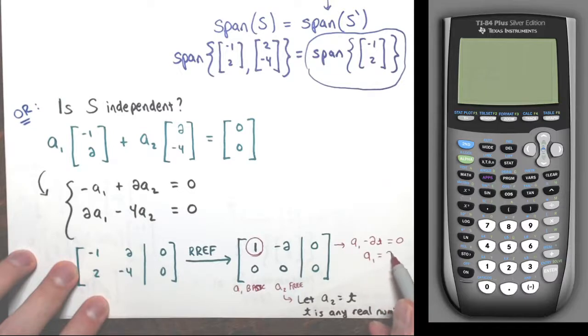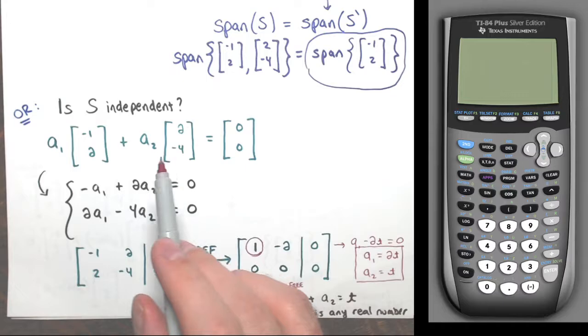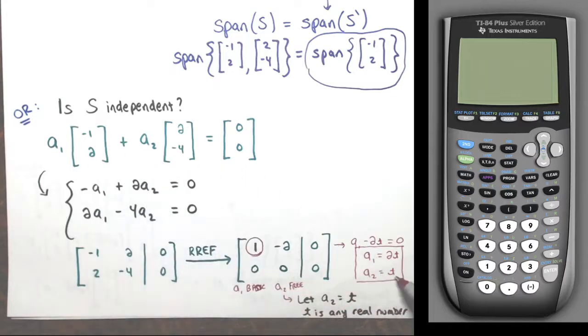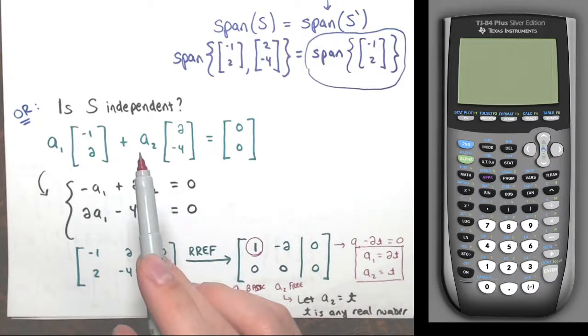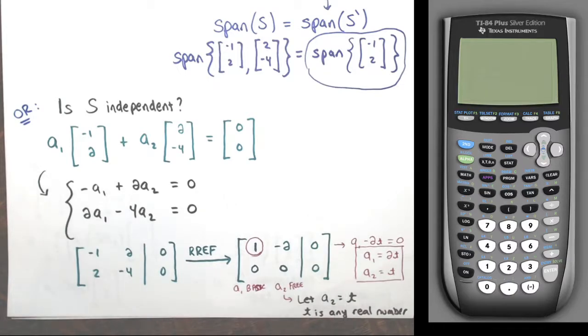So A1 equals 2T, and A2 equals T, right? And here's a description of all the solutions, and you see how there are infinitely many solutions. I can replace T with anything I want and get a solution to this equation. So because it has infinitely many solutions, there's definitely more than just 0 and 0. There's more than just the trivial solution.